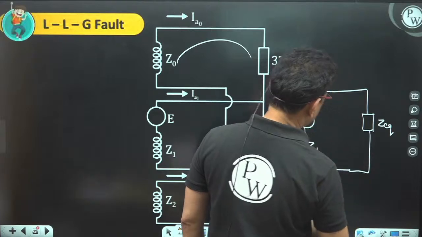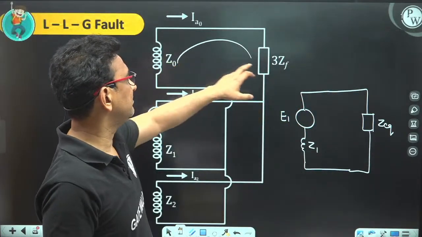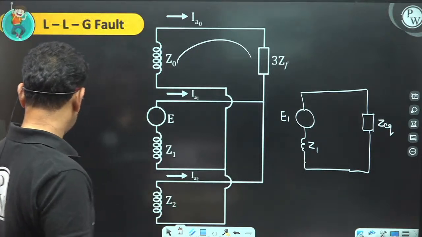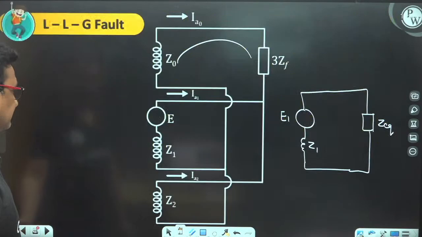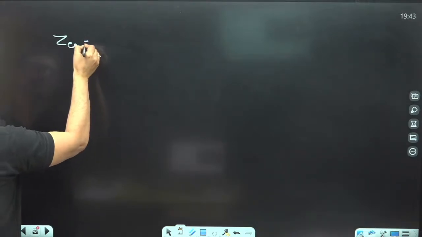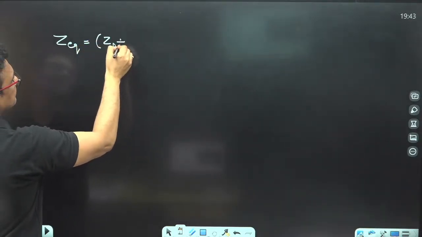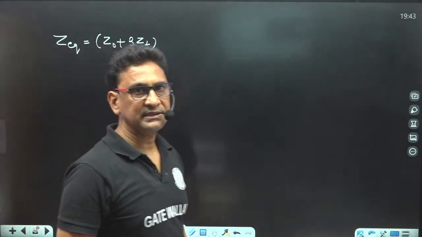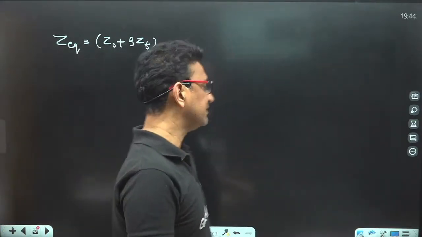So there is an impedance Z equivalent. And how to find out Z equivalent? Z0 plus 3ZF in parallel with Z2. Z0 is also having a neutral impedance. It is basically Z0 plus 3Zn. Always remember.